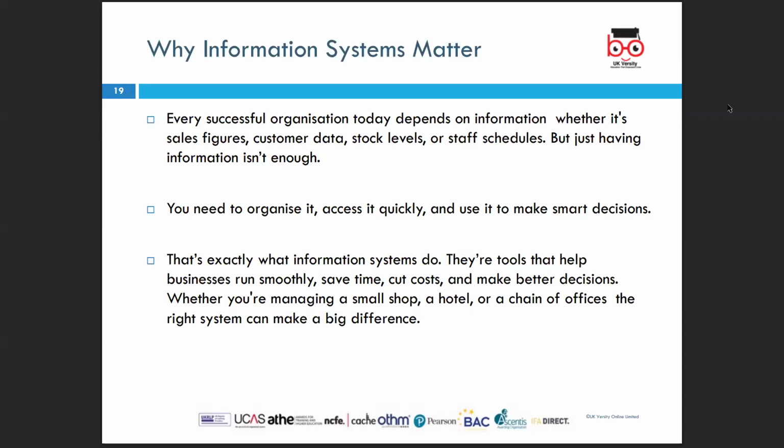We now need to organize it, access it quickly, and use it to make smarter decisions. That's exactly what information systems are there for. These tools help businesses to run smoothly, save time, save money, and make better decisions.